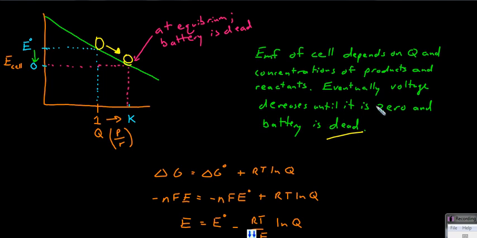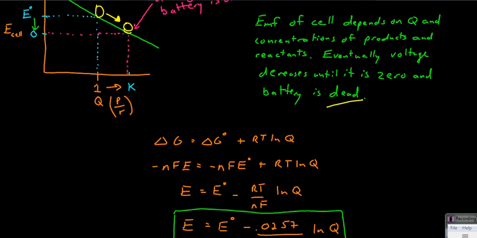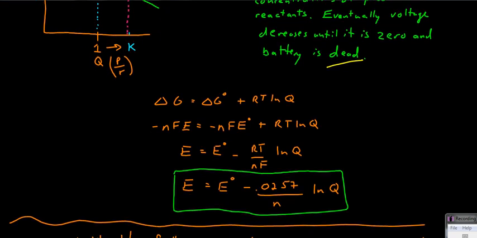Now, we can do calculations with this concept. We've seen previously that delta G is equal to delta G standard plus RT ln of Q. But we also know that delta G is equal to negative NFE. And so we can replace delta G with that and replace delta G standard with negative NFE standard.